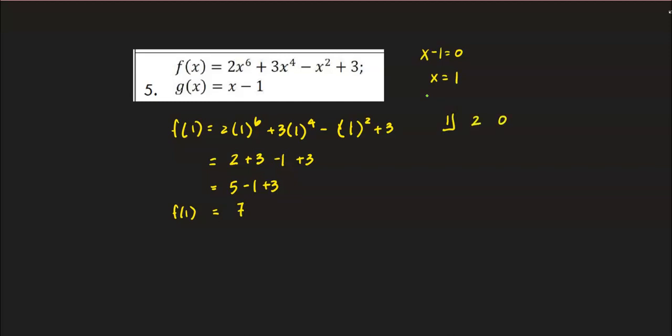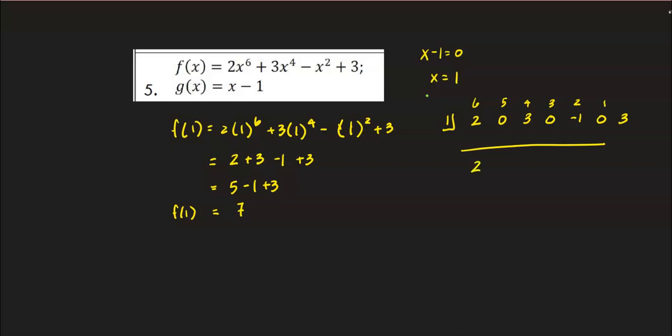We have a 0 for the 5. We have a 6, 5, 4, 3, and then 2, and then 1 doesn't have 1, and a 0.